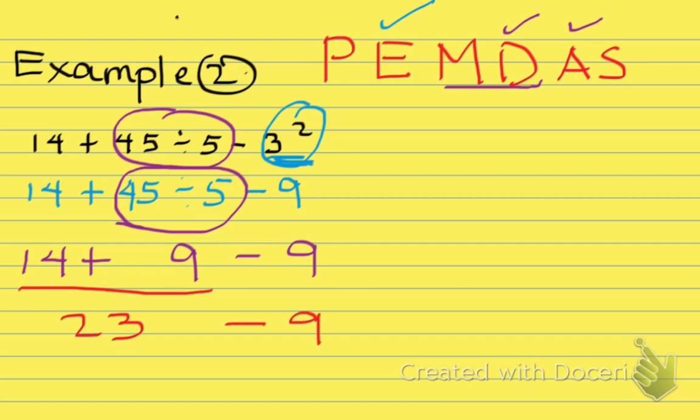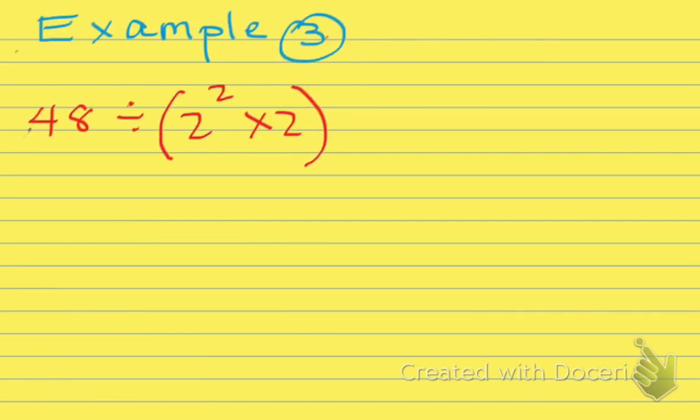So next, we are going to look for subtraction, the last one. 23 minus 9. So we got our answer, 14. So that's our final answer. So 14 plus 45 divided by 5 minus 3 squared equals 14.